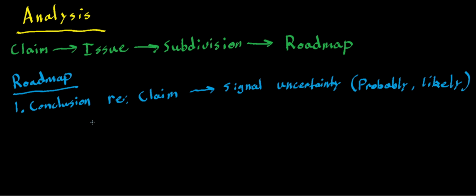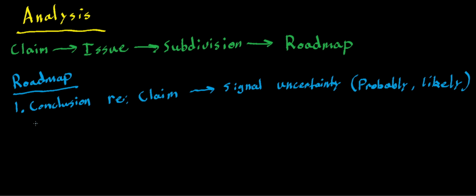So you can say something like, our affirmative defense of necessity is probably going to succeed, or it probably has merit. And if you're more certain, then you can use the term likely. And if you're even more certain, then you can use the term most likely.